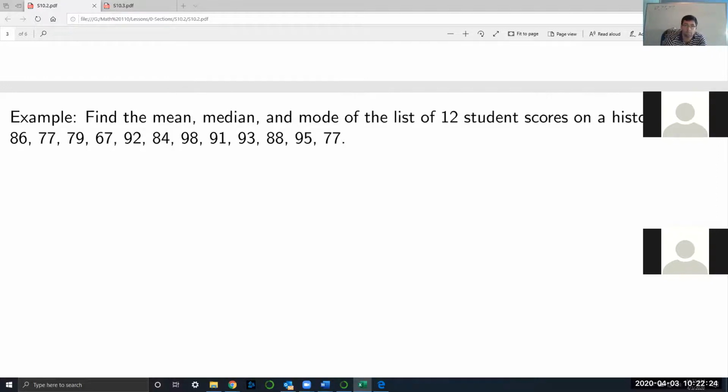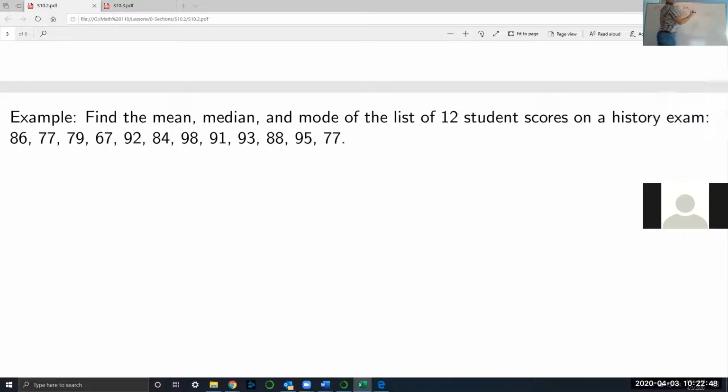79. 79, I agree. And just got one of those. What's after 79? 84. 84, very good. Then I see 86.